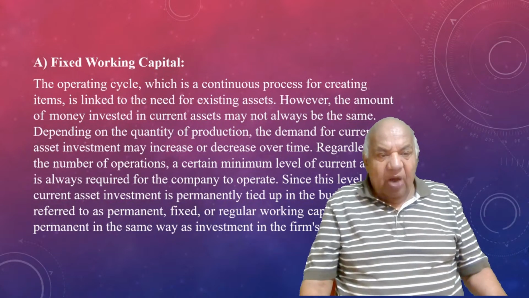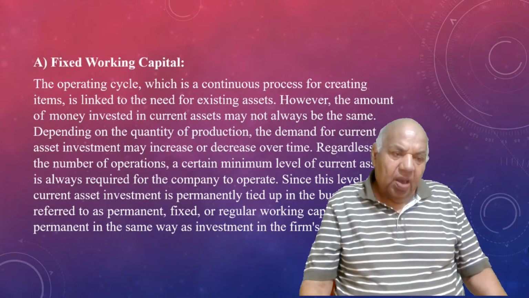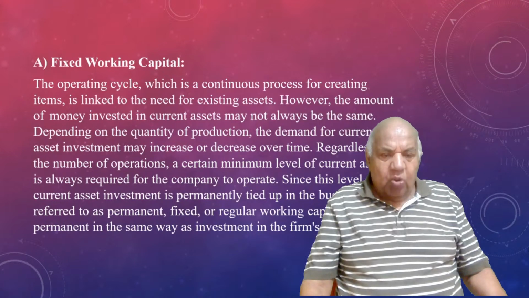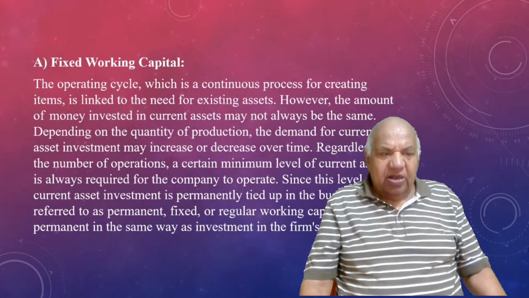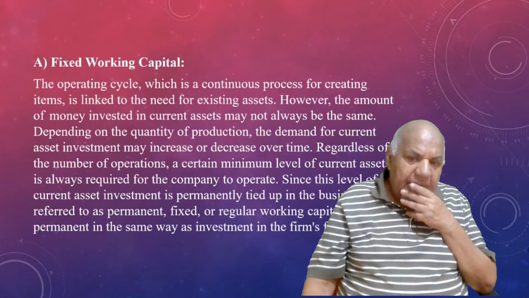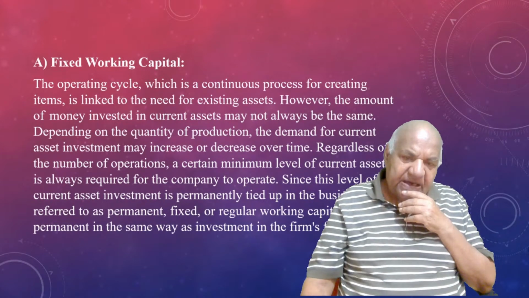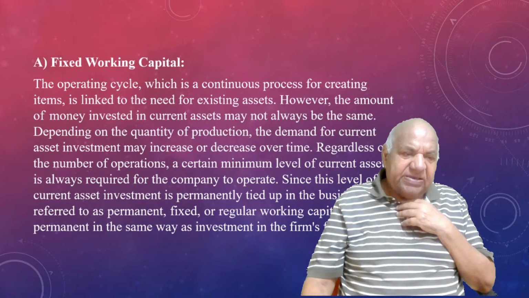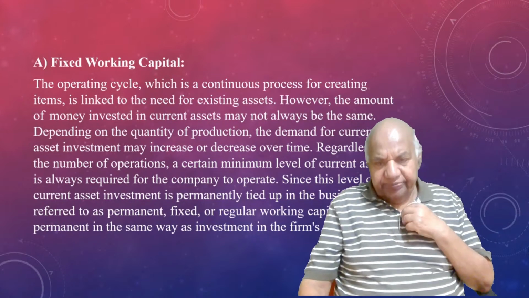However, the amount of money invested in current assets may not always be the same. Depending on the quantity of production, the demand for current assets investment may increase or decrease over time. Regardless of the number of operations, a certain minimum level of current assets is always required for the company to operate.